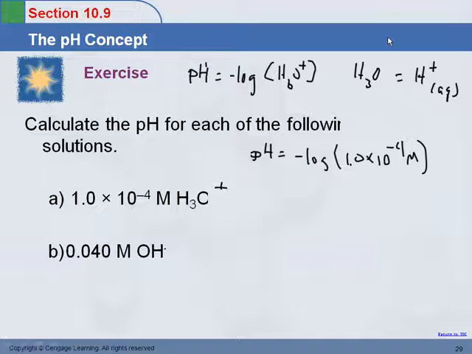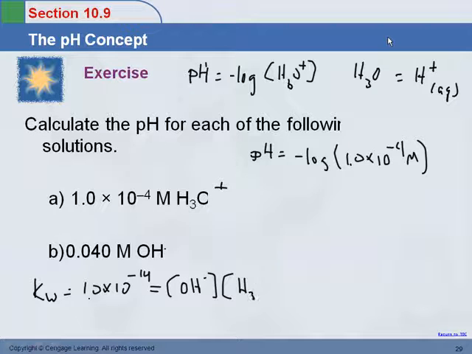If you think back, we have this handy equation that relates hydronium ion concentration to hydroxide ion concentration: 1.0 times 10 to the negative 14th equals OH minus concentration times H3O plus concentration. So I can plug this value in and solve for my hydronium ion concentration.